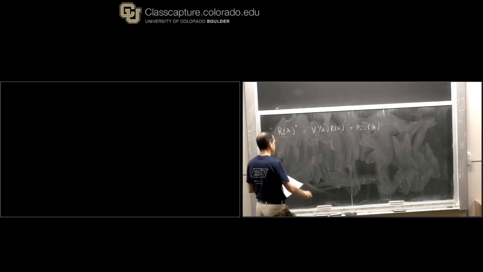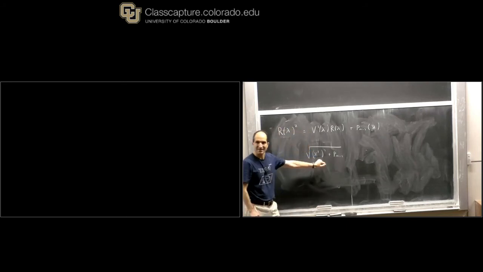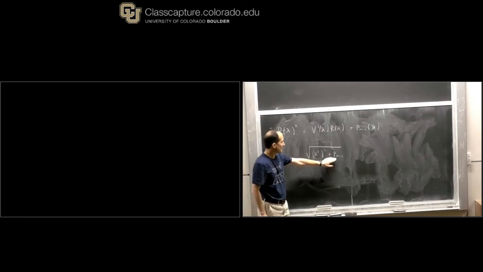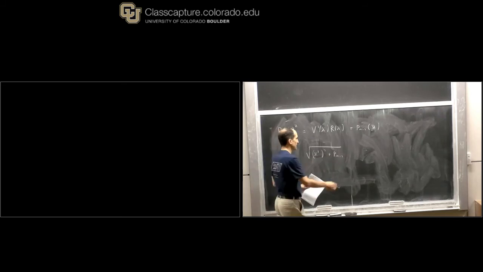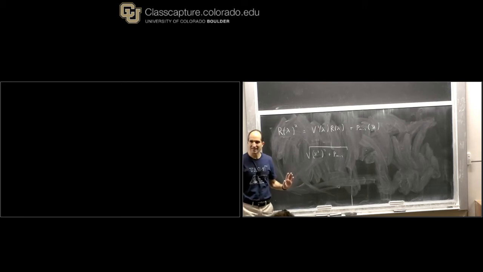Roughly speaking, the terms inside the square root will have v prime over 2 squared plus this polynomial of degree n minus 2, or let's say v prime squared plus some other polynomial. We know this, which has some relatively high degree compared to this one, and this we don't know. And we have a square root. So we said that the resolvent would have some kind of branch cut at a and b, and now we know that all those branch cuts are going to be square root branch cuts.